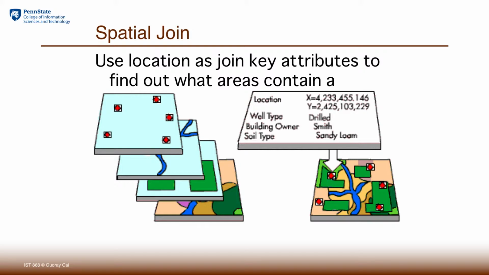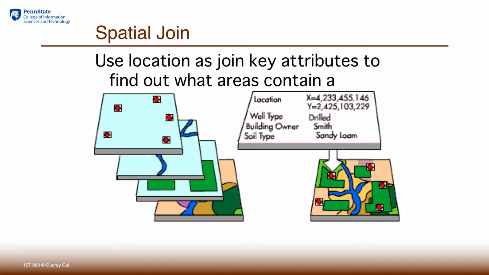For example, at the top, we show the water well location. We actually record a type, whether it's drilled or natural. And then we have a layer showing the parcels and ownership, and another layer that shows the soil type.